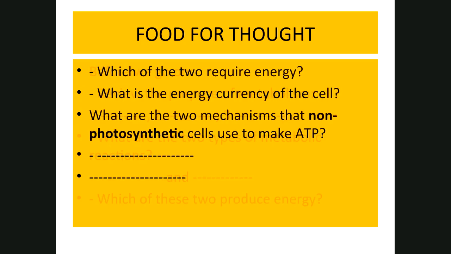All right, so we're going to go back to oxidative phosphorylation later on. But at this point, you should know the two phosphorylation mechanisms of non-photosynthetic organisms: substrate level phosphorylation and oxidative phosphorylation.